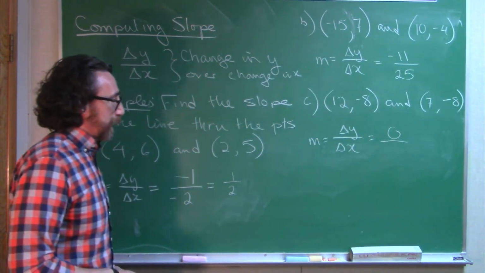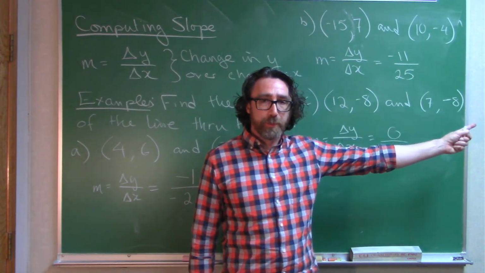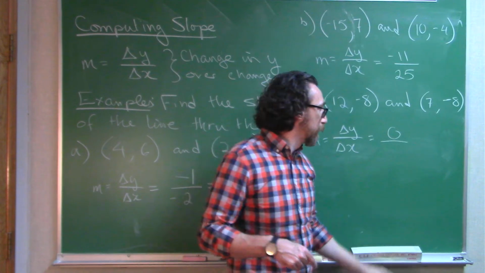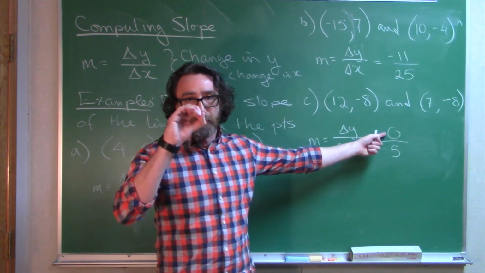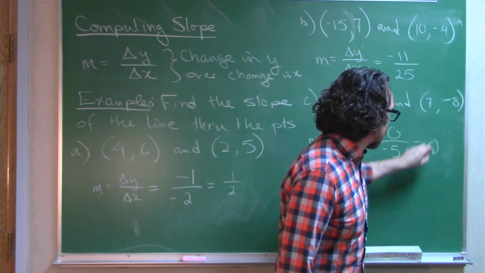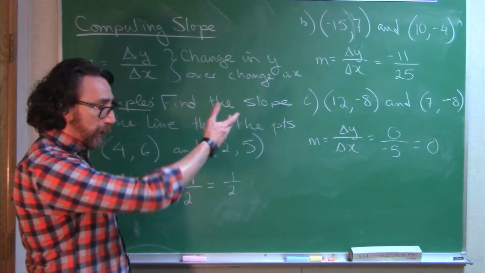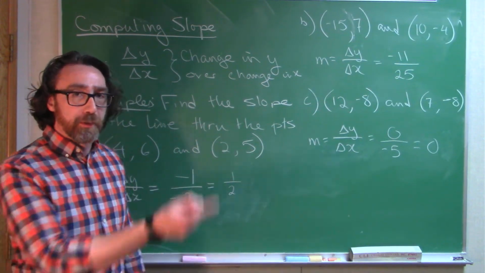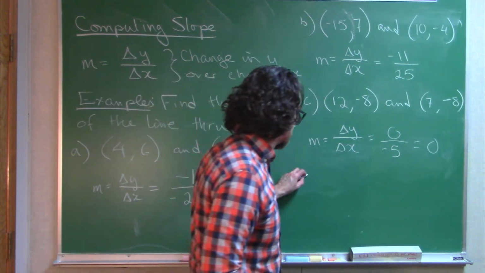Now let's look at what's happening to the x values. Start with a 12, go to a 7. That's a drop of 5 units. So change in y, 0. Change in x, negative 5. 0 in the numerator is okay. That means our slope is 0. This line is horizontal, as we saw in the previous video about graphing linear functions.